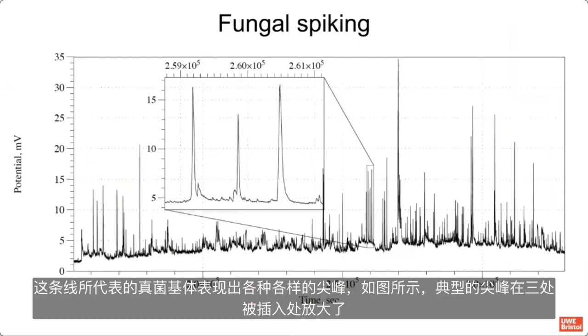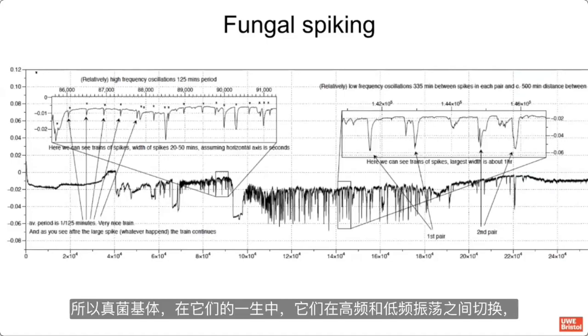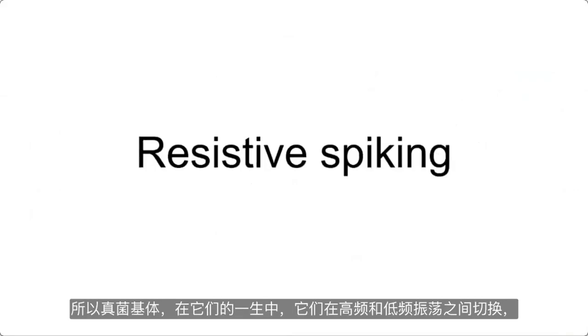Typical spikes are enlarged in the insert. Trains of spikes can last 2 hours, as shown on the plot, but also 10 hours or even 20 hours. So fungal substrates, during their lifetime, switch between high frequency and low frequency oscillations.